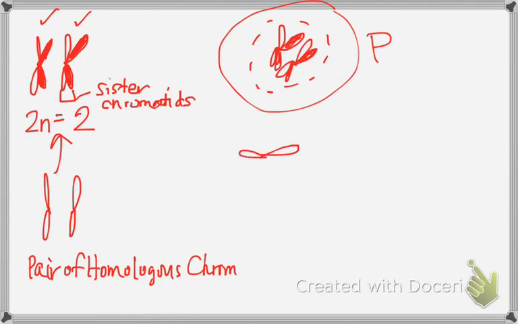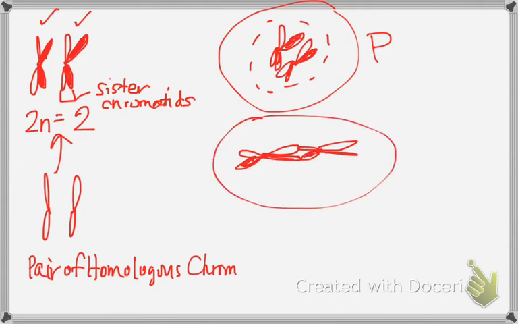Metaphase, shading one in, making them too big here. But I think you guys get the idea. The nucleus is completely gone, and now you've got these spindle fibers that extend across the cell. And your homologous chromosomes line up separately from each other along the midline of the cell. That's metaphase.